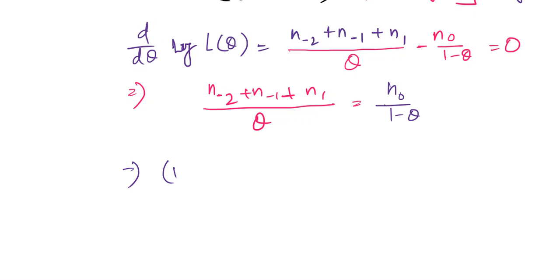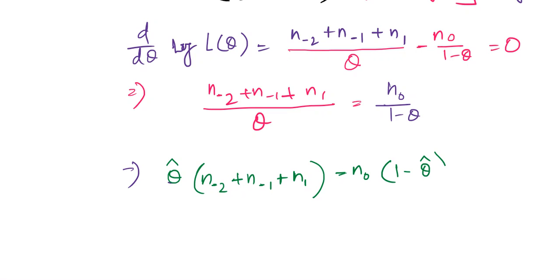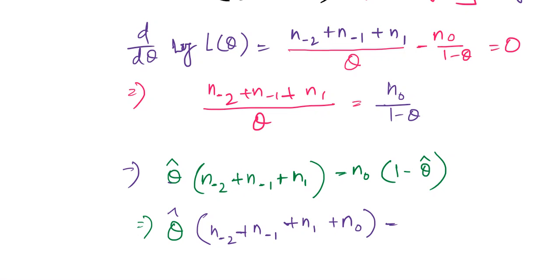So here theta cap: n of minus 2 plus n of minus 1 plus n of 1 times 1 minus theta cap equals to n naught theta cap, and here theta cap, that is n of minus 2, n of minus 1, n of 1 plus n of 0, that is equals to n naught.